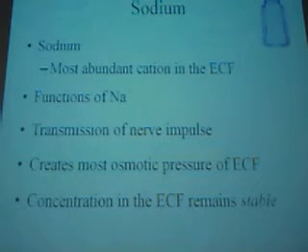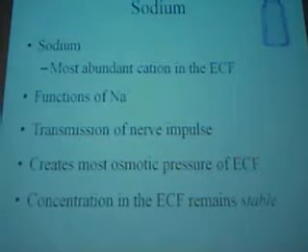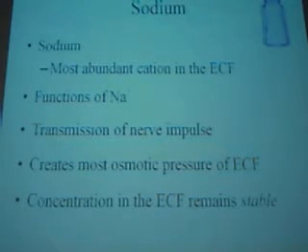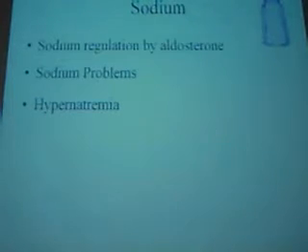You release renin first, then angiotensin 1, angiotensin 2, and then finally aldosterone is the last of that list. So renin, angiotensin 1, angiotensin 2, and then aldosterone.